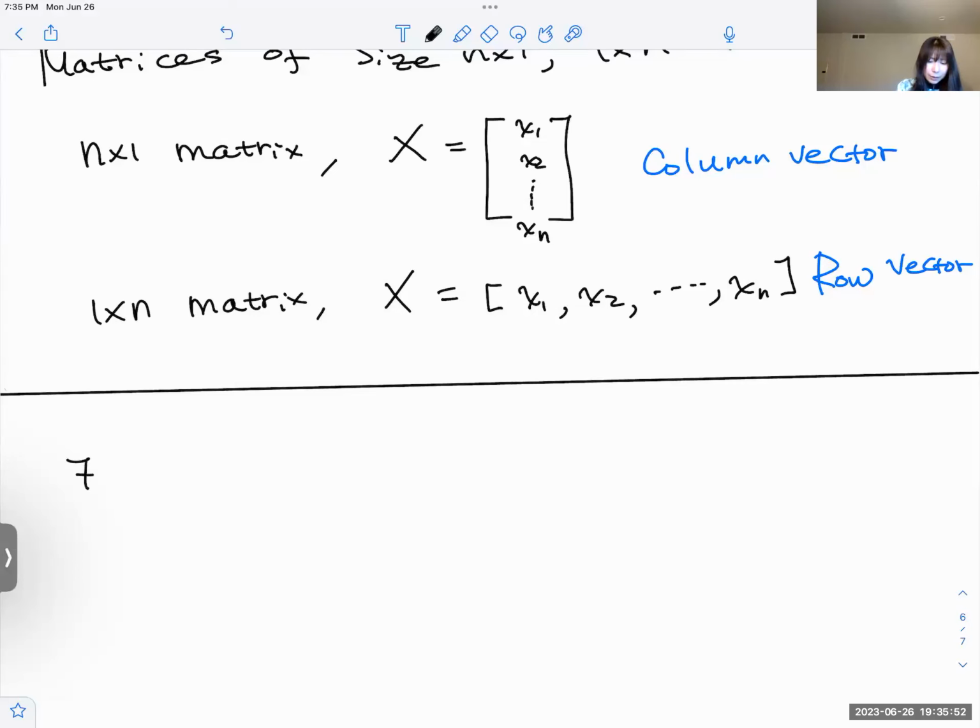So we have 7 times the vector 1, 4, plus 8 times the vector 2, 5, and plus 9 times the vector 3, 6.